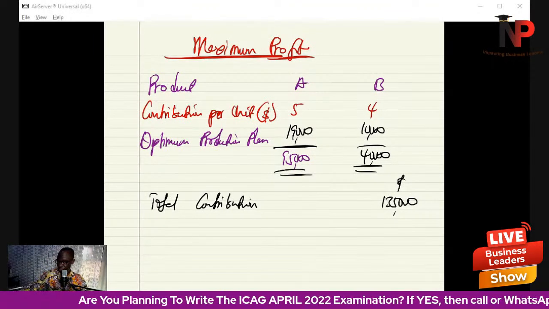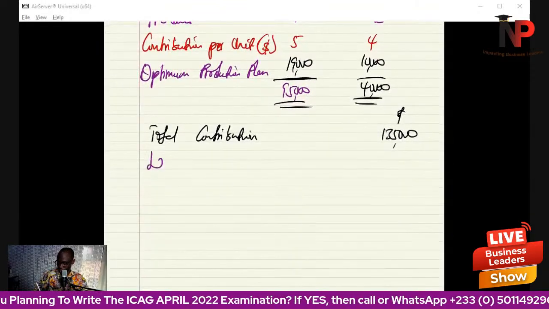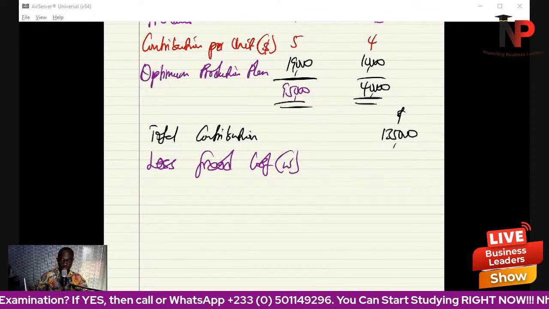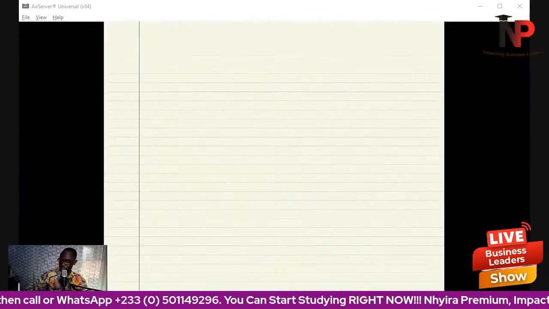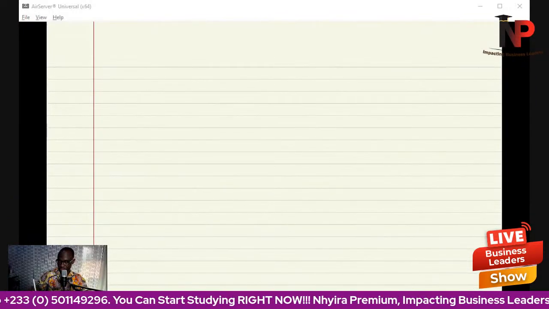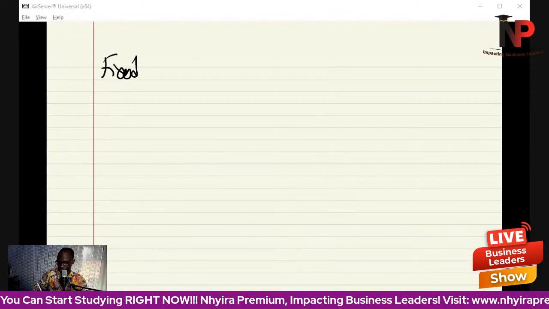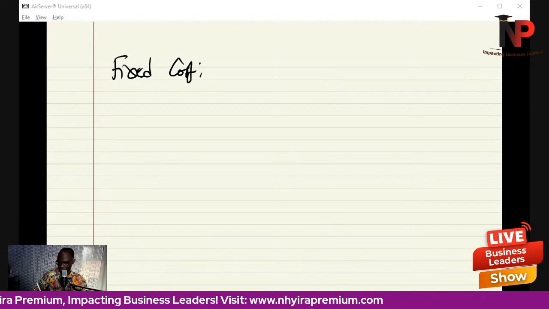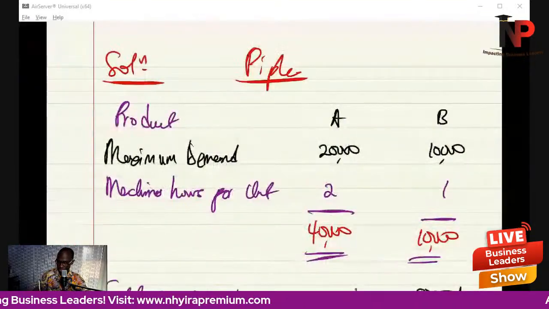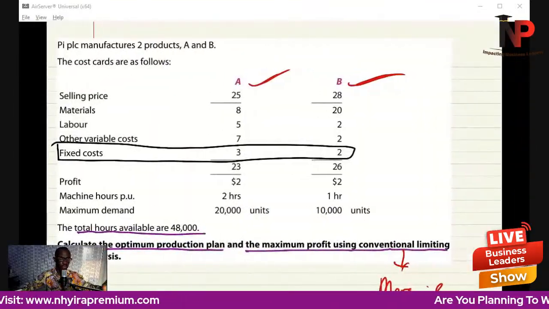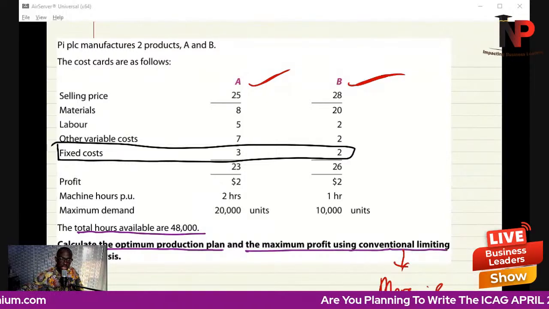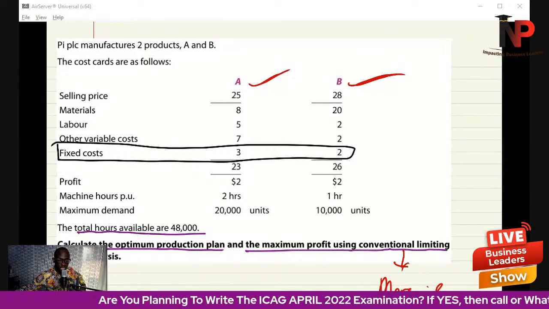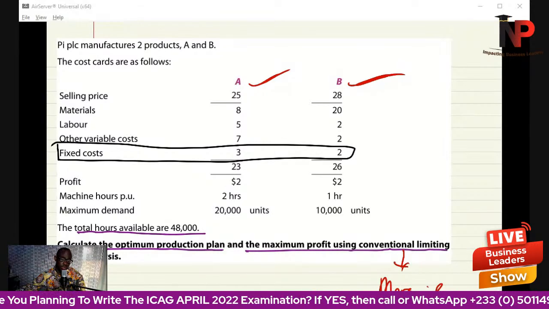Does that make sense? So once we get our total contribution, we need to less fixed cost. Now the fixed cost, we're going to be doing workings for that. So let's do workings for that on this slide. Now be careful about the fixed cost. If you remember, as a management accounting student, one of the critical principles is that for fixed costs, they remain the same irrespective of the output level.